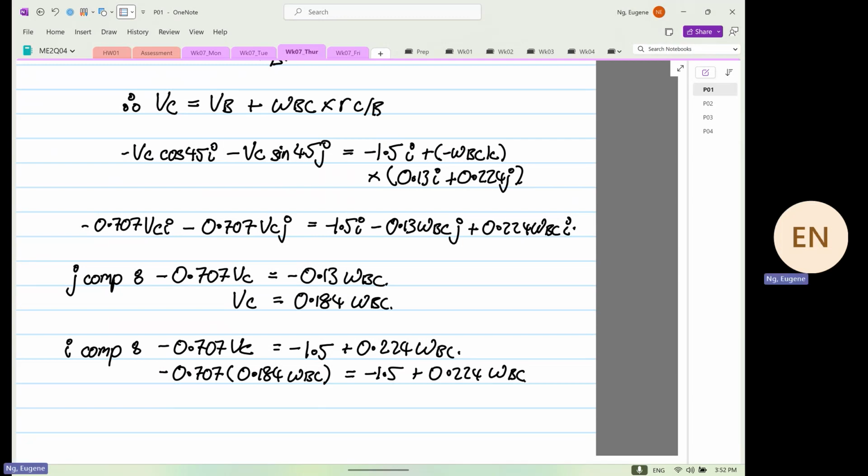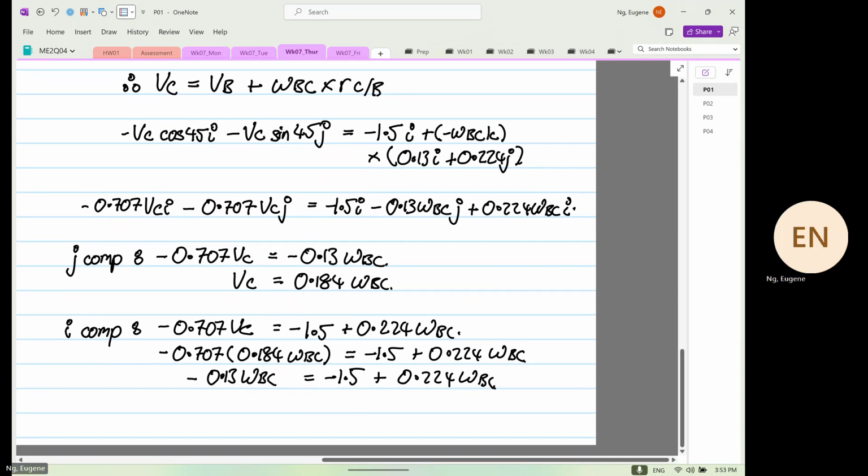So minus 0.13 omega BC minus 0.224 omega BC, which is minus 0.354 omega BC, is equal to minus 1.5.